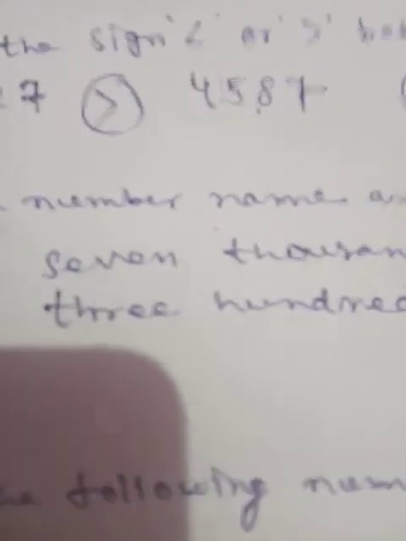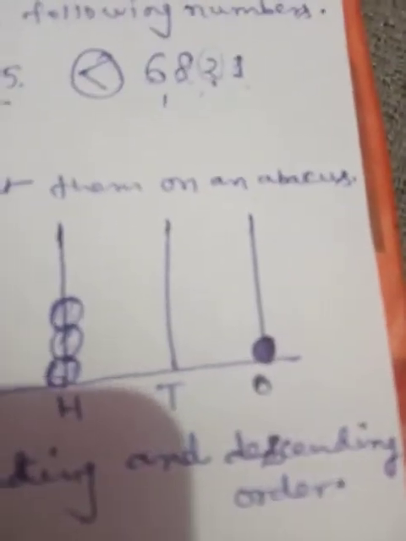We have already written the number name of 7301 here, and we have also represented it on the abacus.